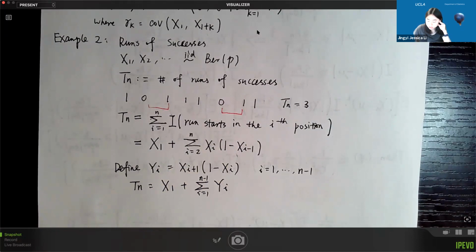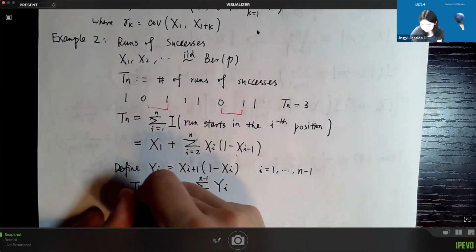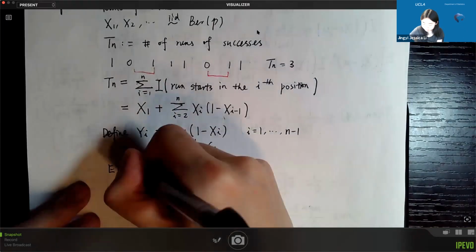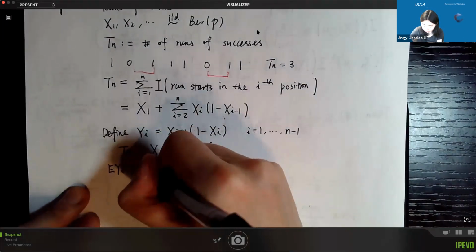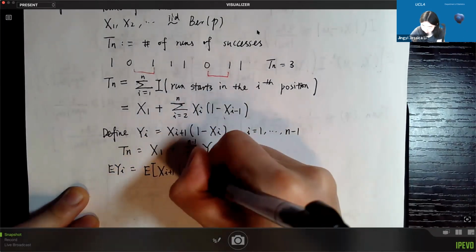So I need to know what's the mean of yi, what's the variance of yi, and what are the covariances. And also, most importantly, whether the yi sequence is stationary and m-dependent. What is the m? I need to answer those questions. So first of all, let's check the expectation of yi. By definition, it is the expectation of x_{i+1} times (1 minus xi), right?